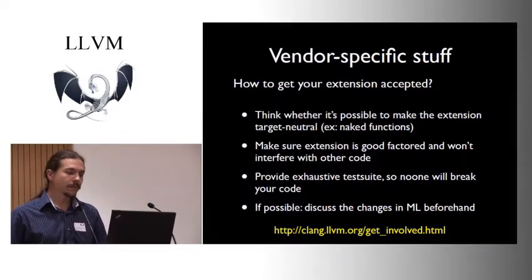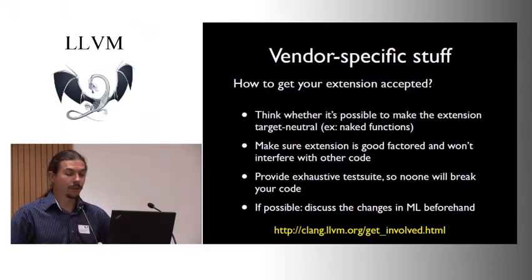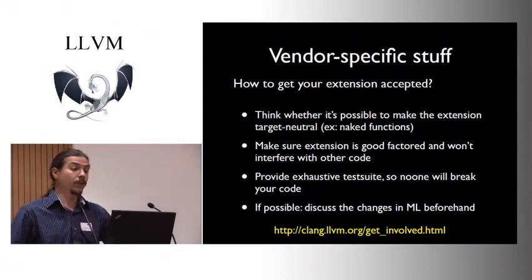Also, it's surely a good thing to come with a good description of your extension. What does it mean? Another thing is you should also provide an exhaustive test suite for your extension. This way you can make sure that no one will break your code.